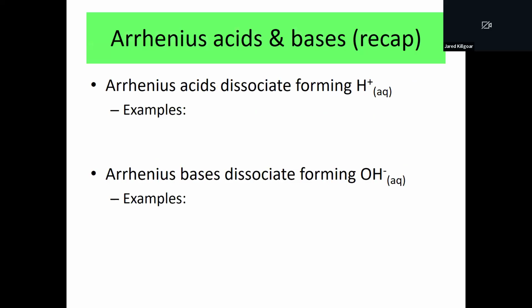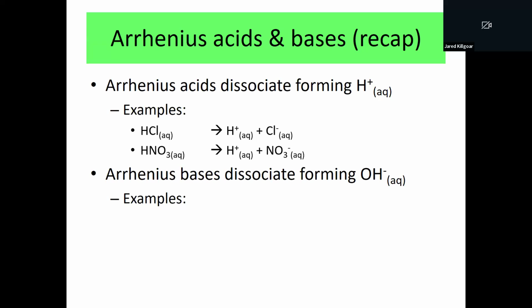base. So, quick recap. The Arrhenius definition of acids and bases is what we talked about previously, where Arrhenius acids dissociate forming the H plus ion. A couple examples of those are hydrochloric acid, which dissociates to H plus and Cl minus, and nitric acid, which dissociates to hydrogen ions and nitrate ions.